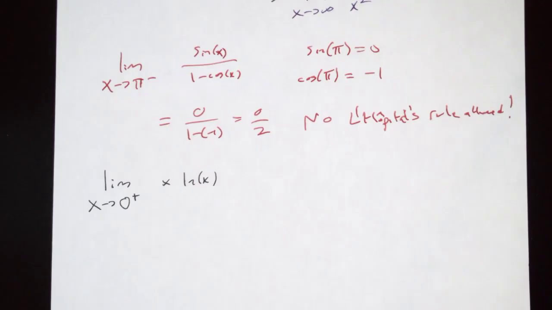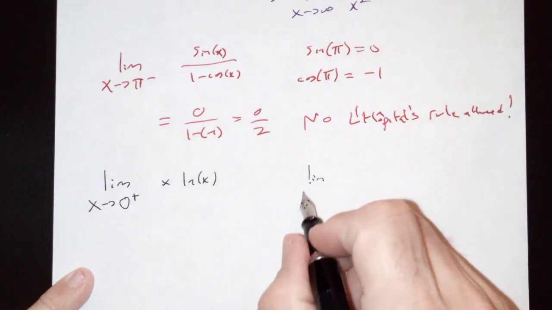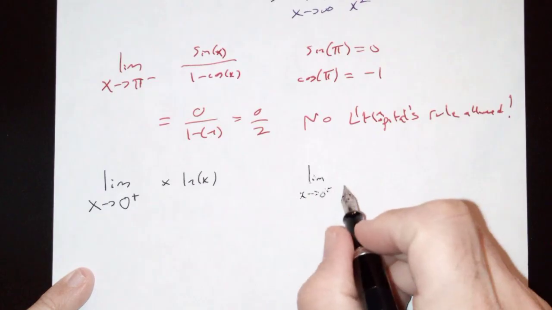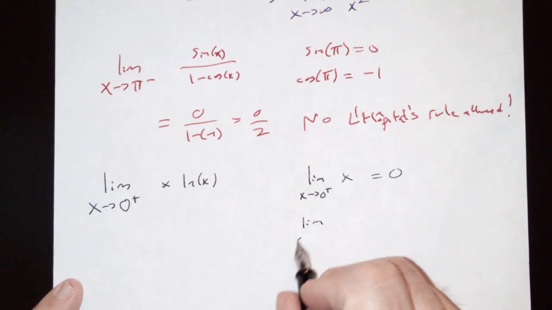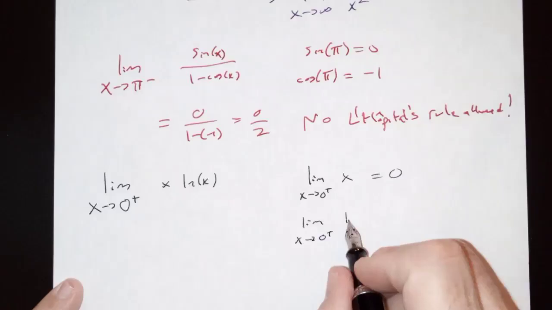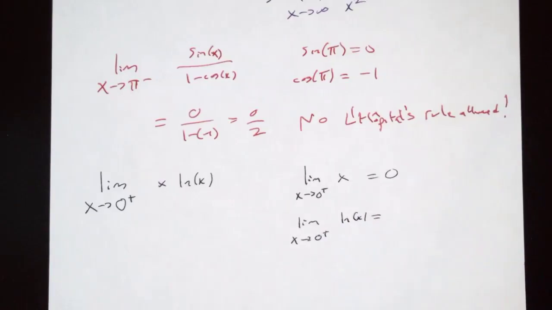I start to look at this and I'm like, well, as we get closer and closer to 0, x is going to give me 0. But as we get closer and closer to 0, ln of x is going to do what?